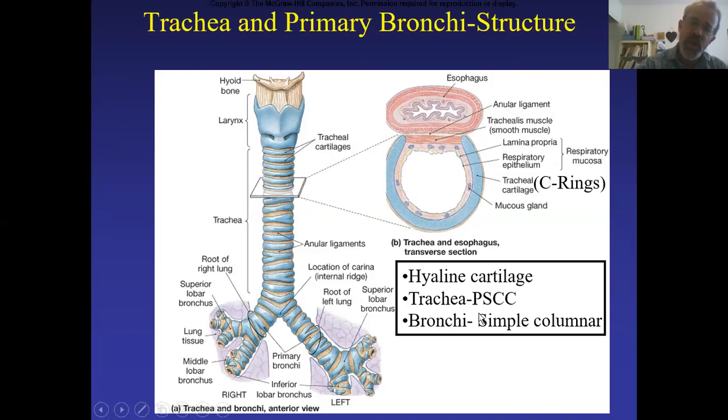In the case of the trachea, it's pseudostratified ciliated columnar, otherwise known as PSCC. So it's got the cilia. As we transition into the primary bronchi, the epithelium, instead of being pseudostratified, becomes more simple columnar and can also be ciliated as well.